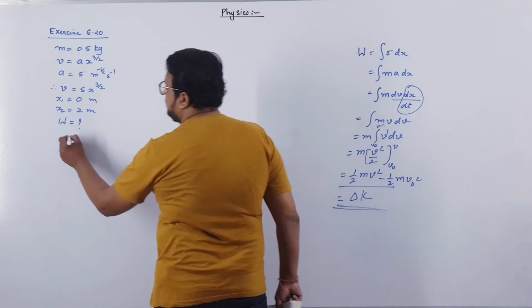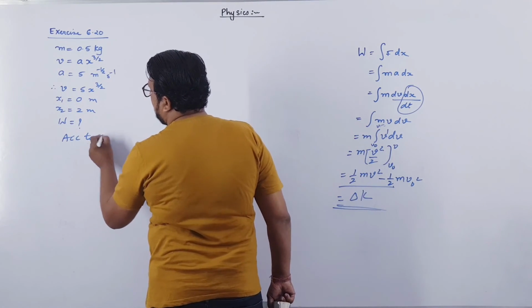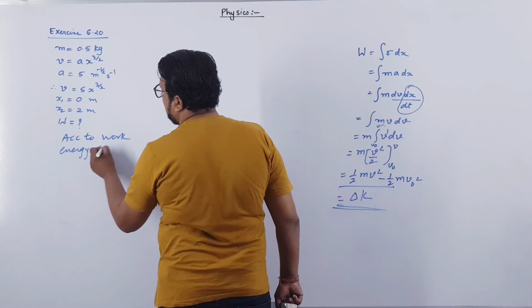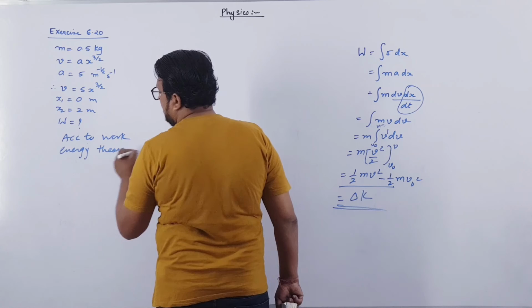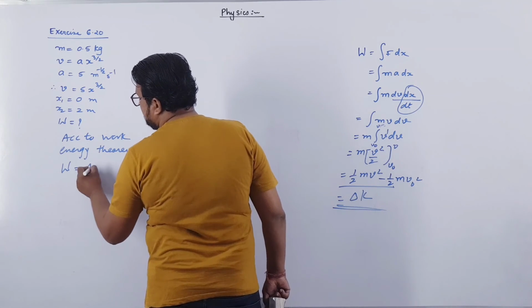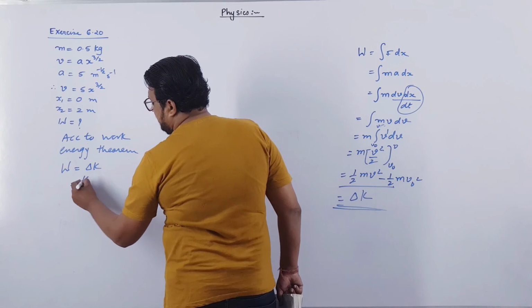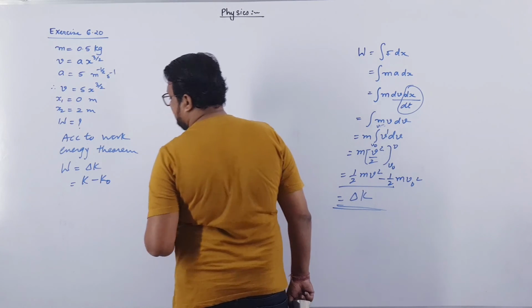According to the work energy theorem, work done by the net force is equal to change in kinetic energy, that is K minus K naught.